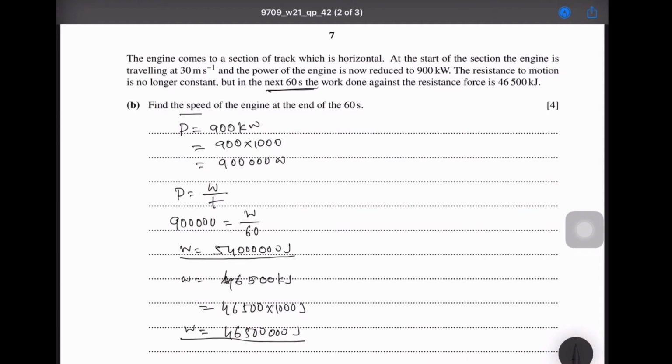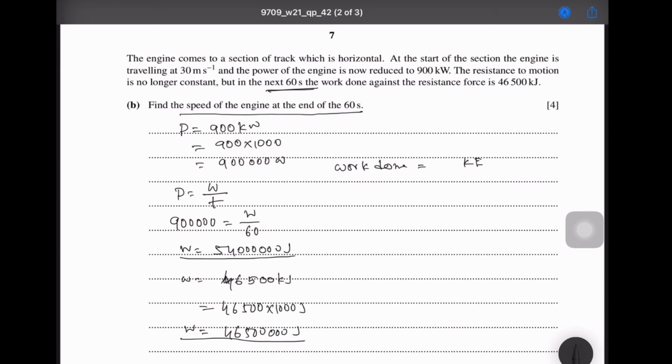The speed of the engine at the end of the 60 seconds. So we know from the work energy equation, work done equals, since it is going horizontal, the increase in kinetic energy.